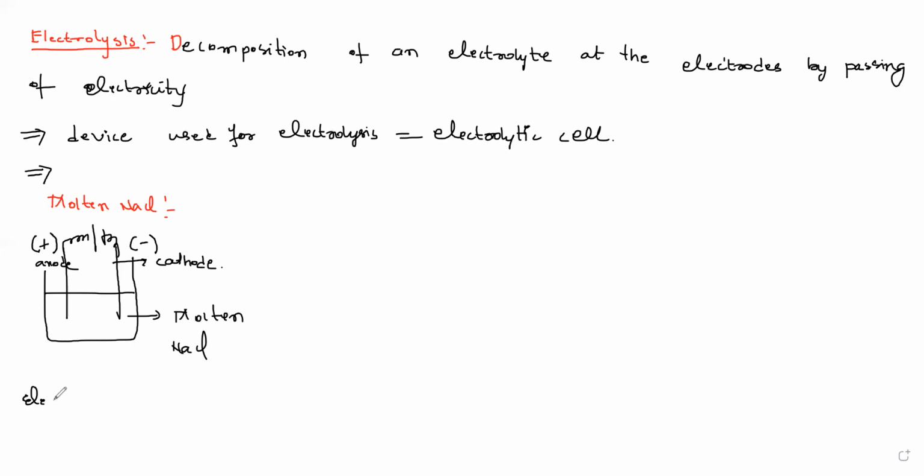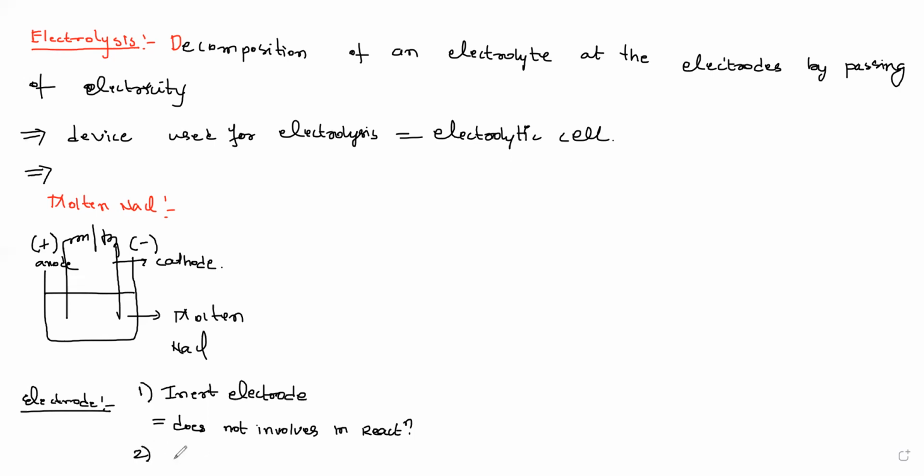First of all, we have to know about electrodes. Electrodes are basically of two types: inert electrode and active electrode. What is meant by inert electrode? An inert electrode is the electrode which does not involve in the reaction at the electrodes during the electrolysis.